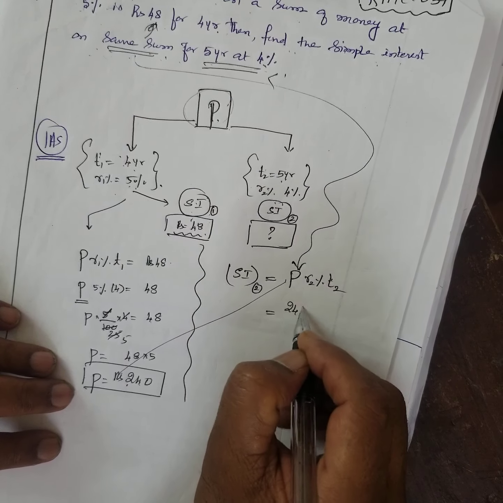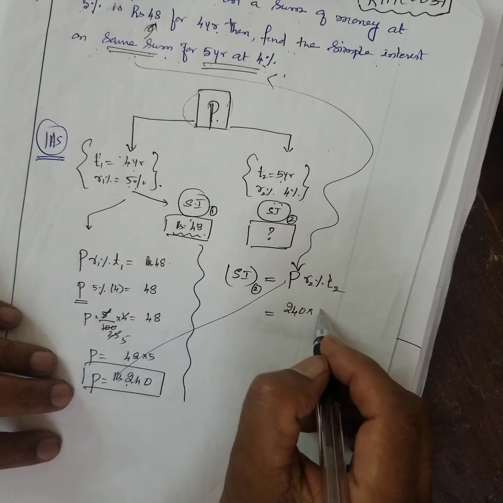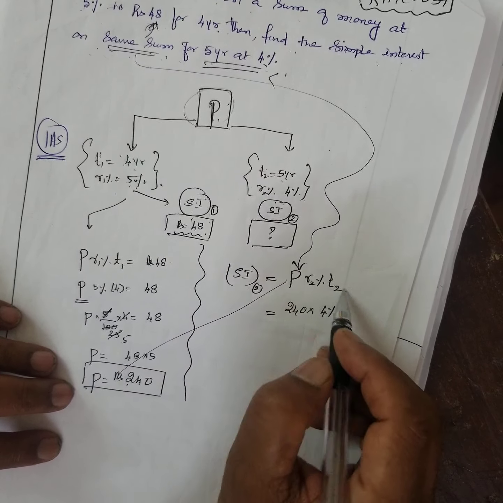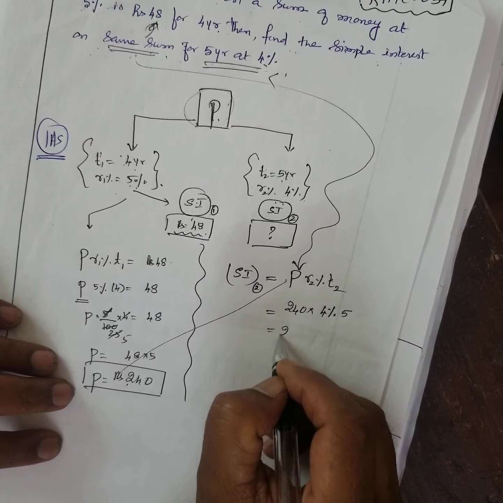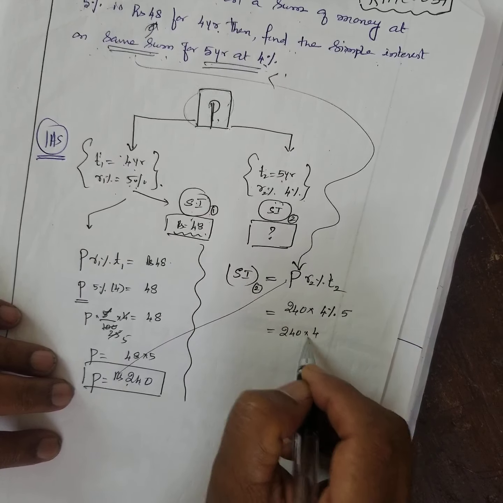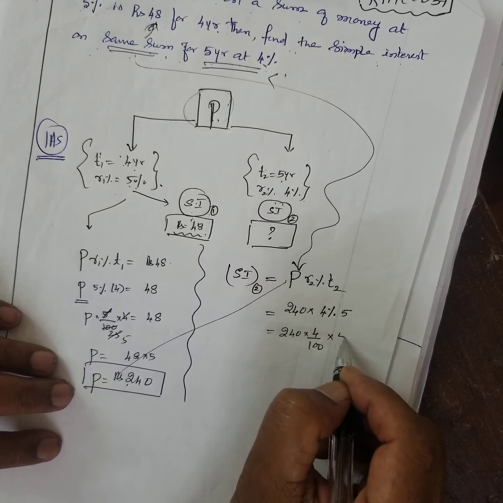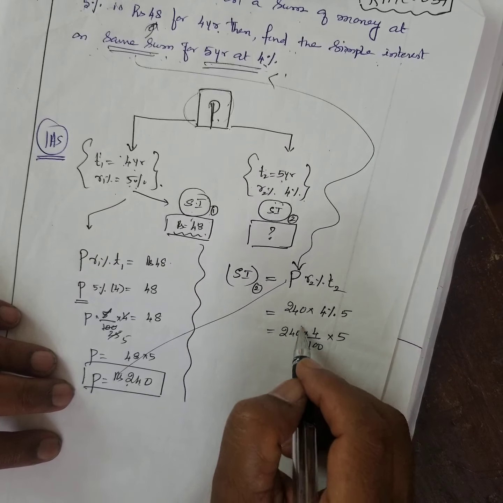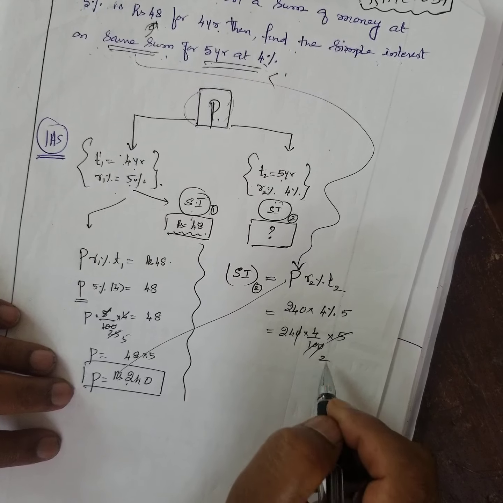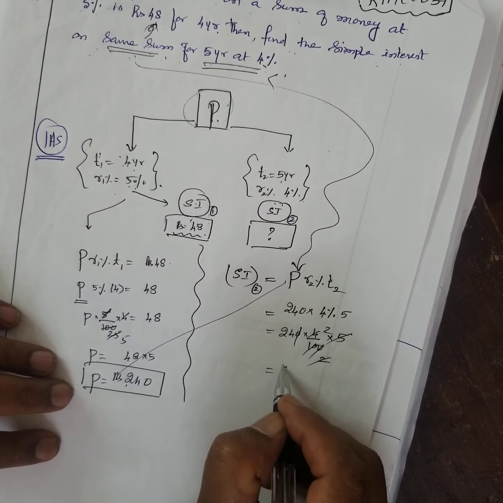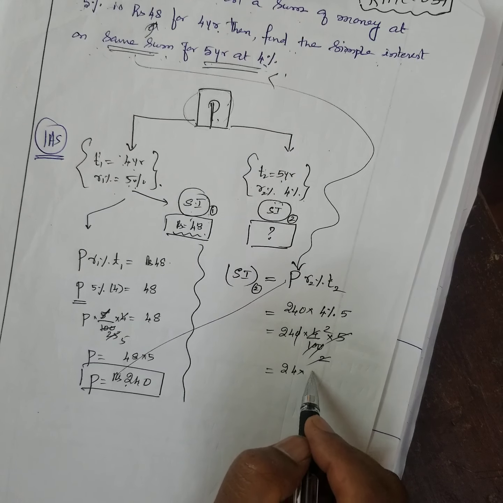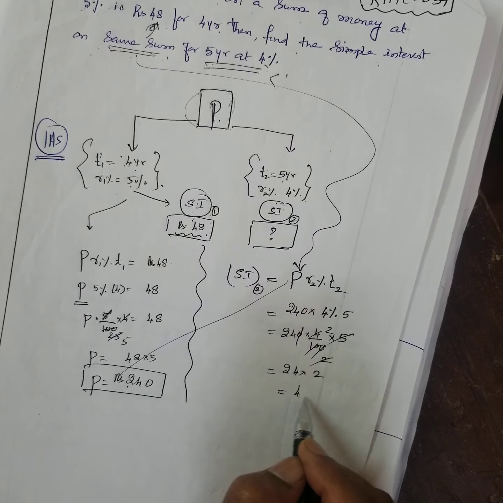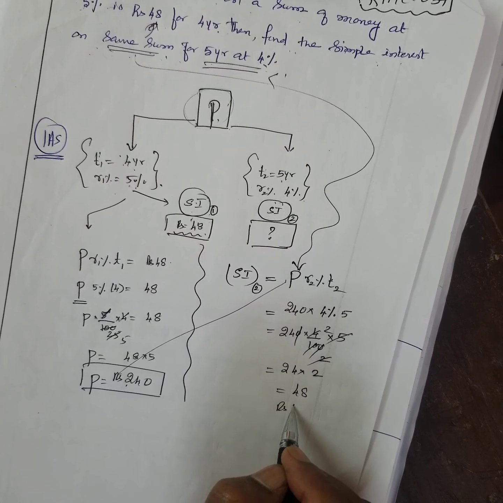Substitute 240. Rate of interest is 4%, time is 5 years. Therefore, 240 into 4 by 100 into 5. This one cancels. 2 times 2, 24 into 2, 48. That is rupees 48.